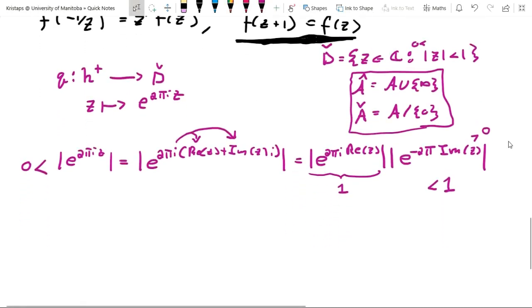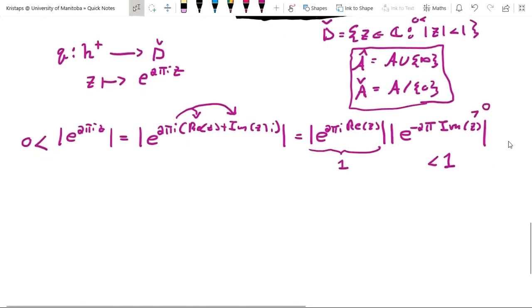Not only is this map well defined, but it is also surjective. So if I were to consider some point w, which is in the punctured unit disk, and I take the complex logarithm of it, let's look at the imaginary part of the complex log, in particular, the complex log over 2 pi i.